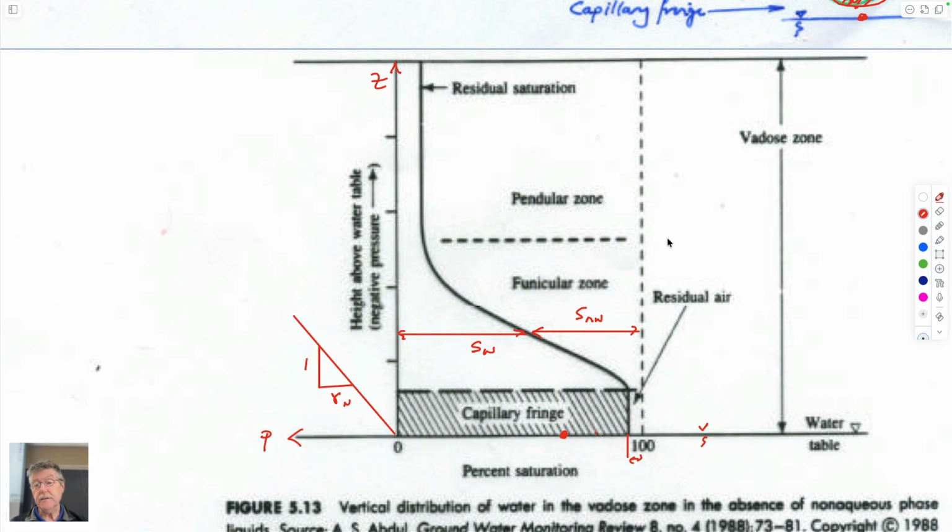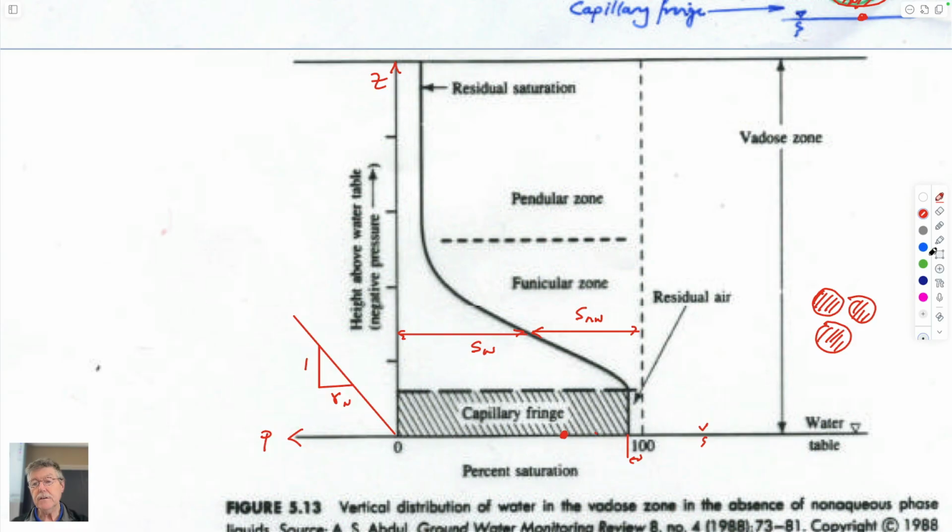In this particular figure, this is out of Fetter. It's denoted, not donated, as funicular zone. So you remember that funicular zone would be grains, which they were stippled for us before, I guess, or cross-hatched before.